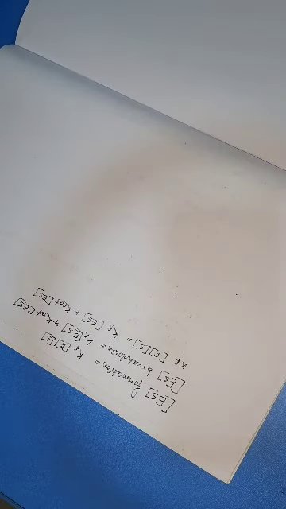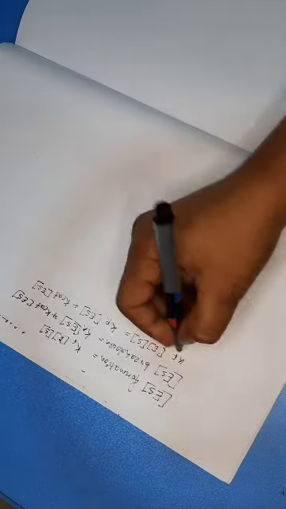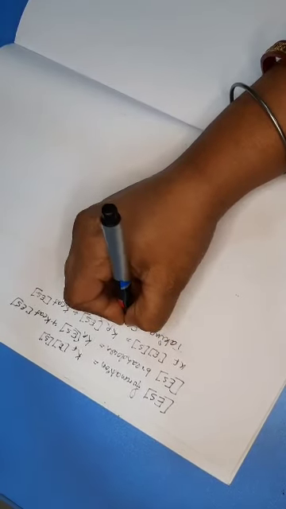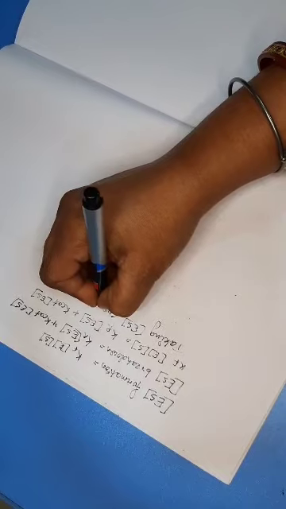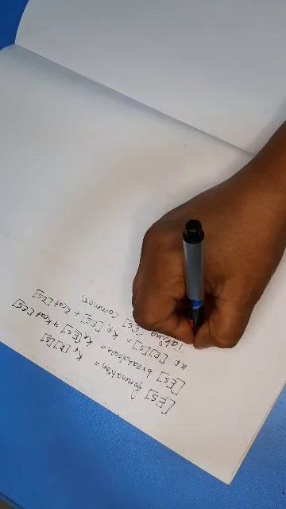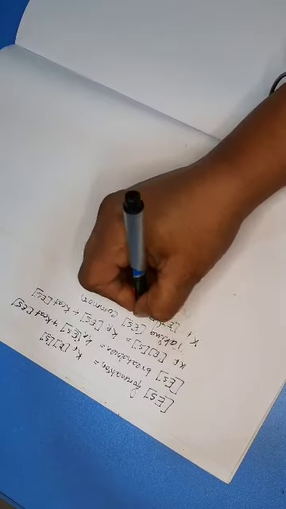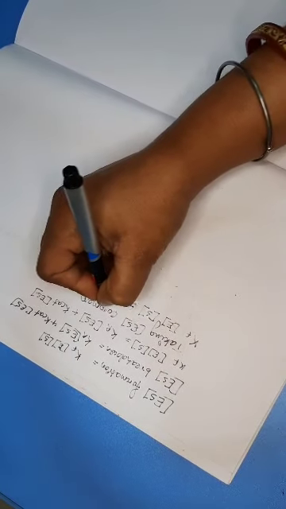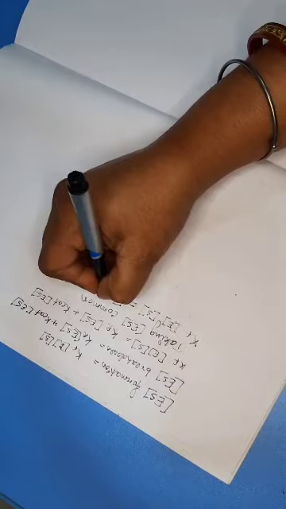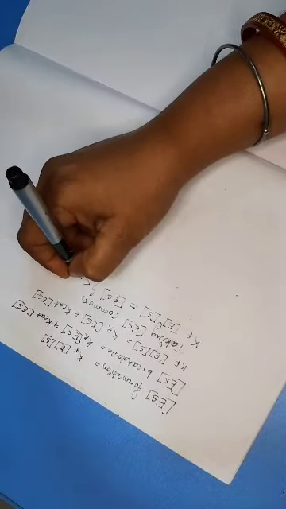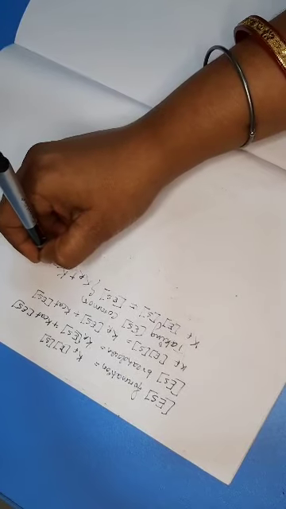On the right hand side, we can take enzyme substrate complex as common because it is written both times. So the equation will change into Kf into concentration of enzyme into concentration of substrate equals ES into (Kr plus Kcat).